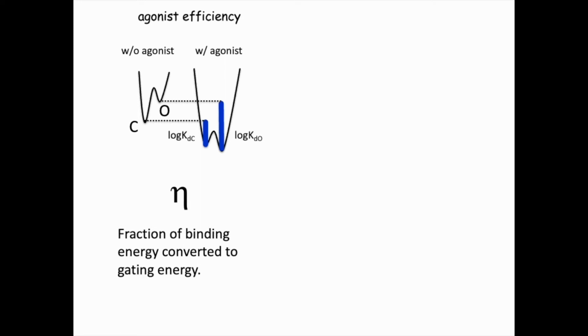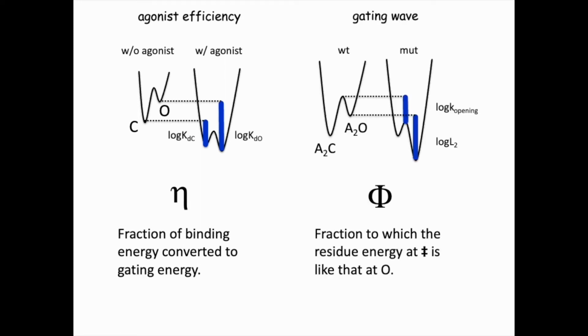Now we're going to switch away from the binding site, and we are going to study another energy ratio, and that is the ratio of the change in the energy at the transition state relative to the change in energy of the open state. That ratio is called phi.